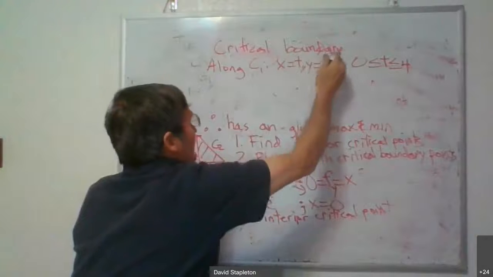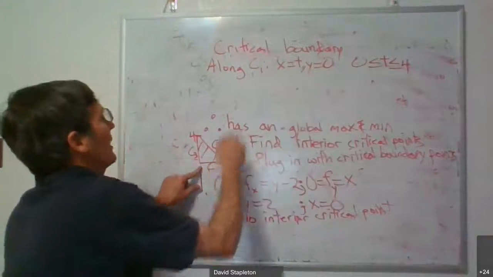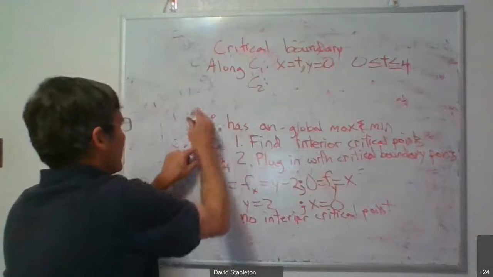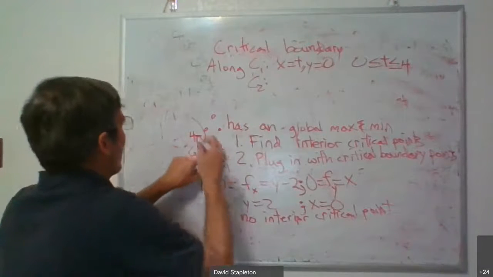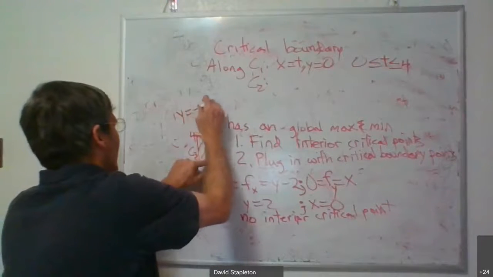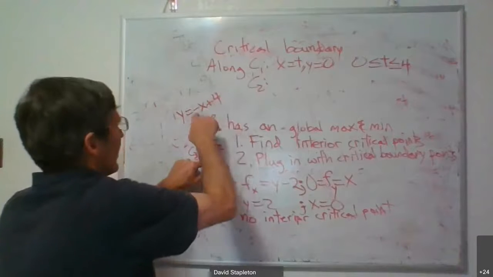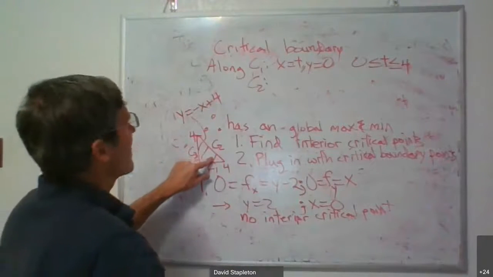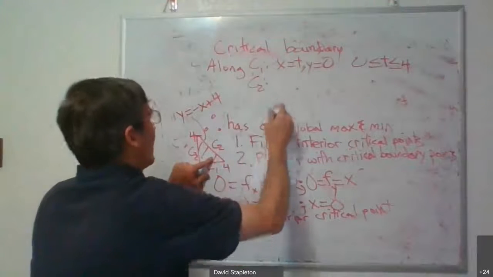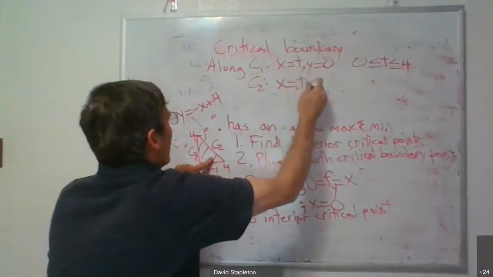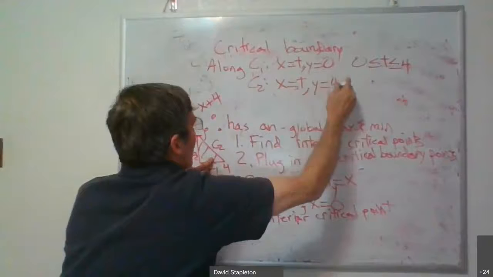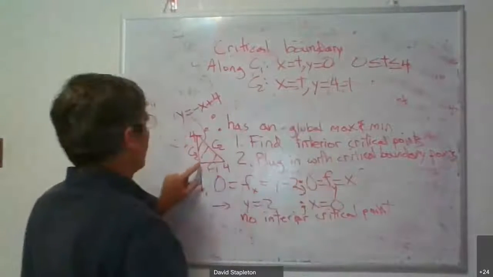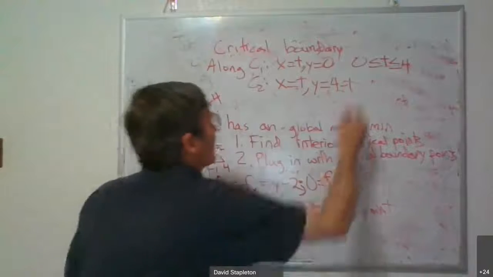So let x equals t, y equals 0. That will flip out this boundary, C1, right? Along C2, now, let's see, this line goes through 4 and has slope minus 1, y equals minus x plus 4, right? Slope minus 1, y equals mx plus b, y-intercept 4. There's that equation. So along C2, I can put x equals t, y equals 4 minus t, right? Put x equals t and then put it into this one. And again, t goes from 0 to 4, so that x goes from 0 to 4.